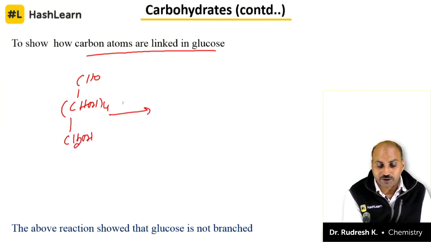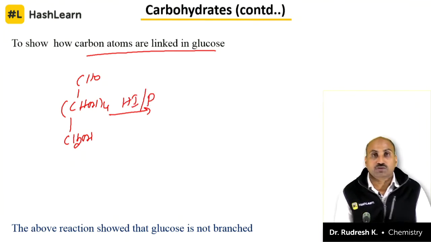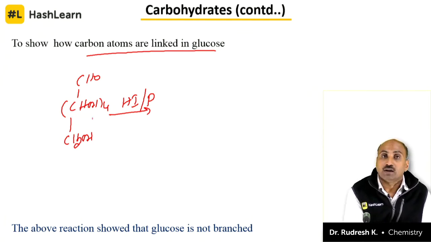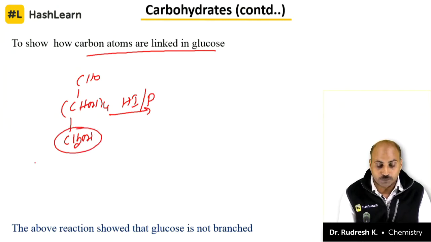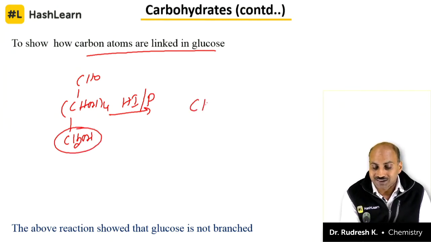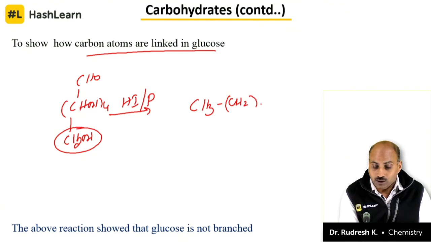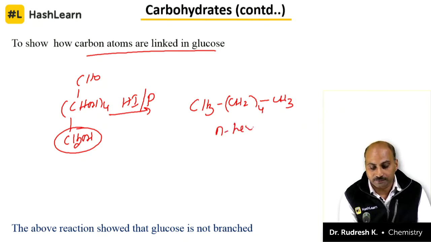When this is treated with hydroiodic acid in presence of red phosphorus on prolonged heating, the aldehyde group and the hydroxyl groups, along with the primary alcohol group, get converted into CH3, CH2 and CH3. So we have 1 plus 1 is 2, then 4, thereby it forms n-hexane.